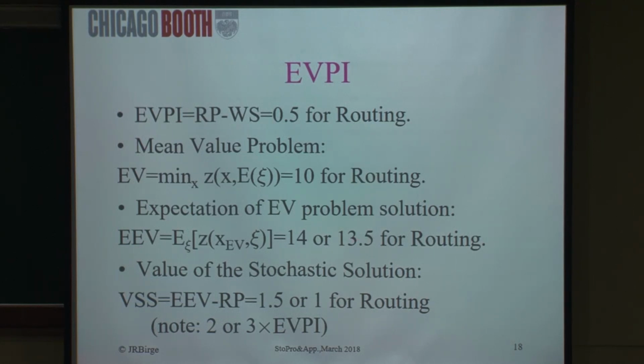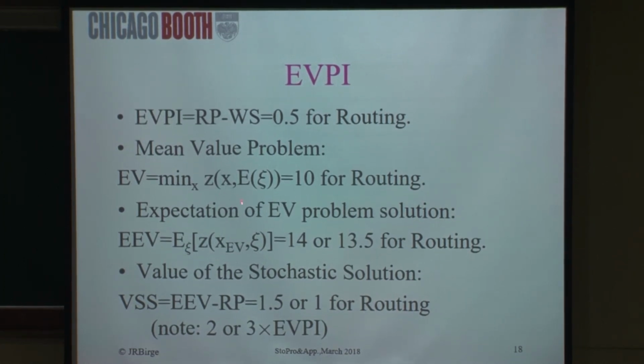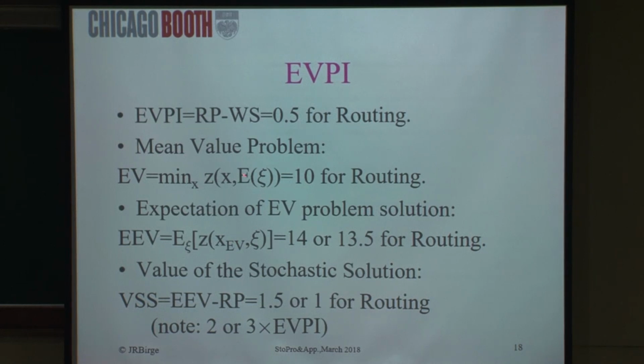Yeah, because I take the solution that I get from here, but now I apply it where these are no longer just the mean, but they have all the different possibilities. So now that they have different possibilities, what value do I get?